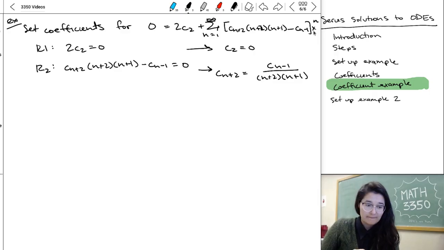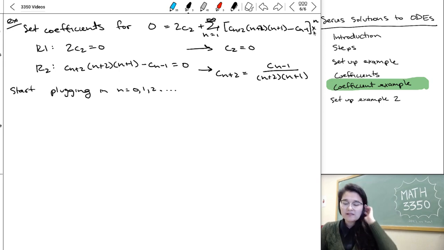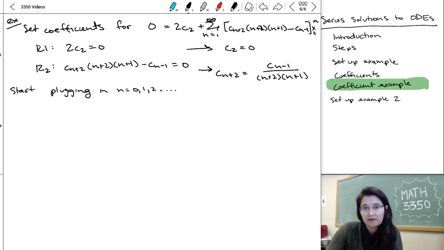So now is the part where I try to plug in n's until I have 2 unknown coefficients, and then I plug in more n's until I have a pattern for the rest of my coefficients. Remember, we always start from C0 because our series starts from n equals 0 when we first introduce it.